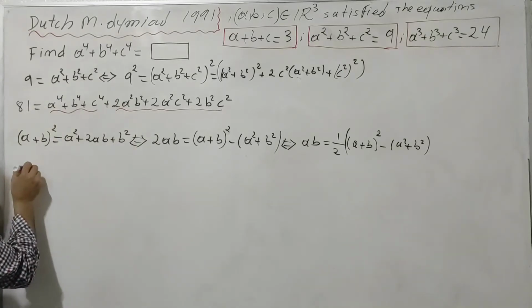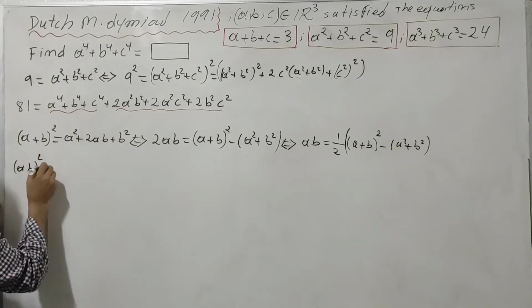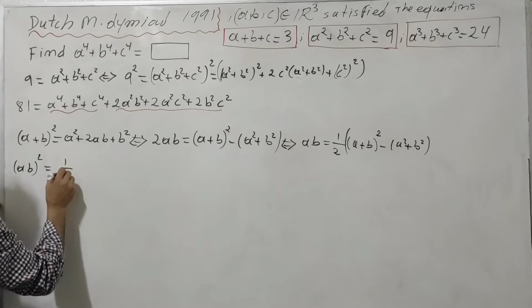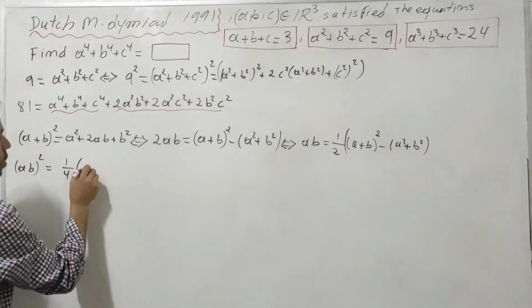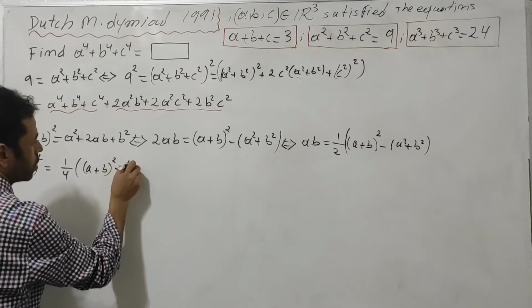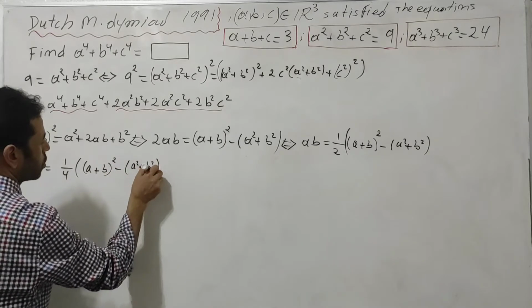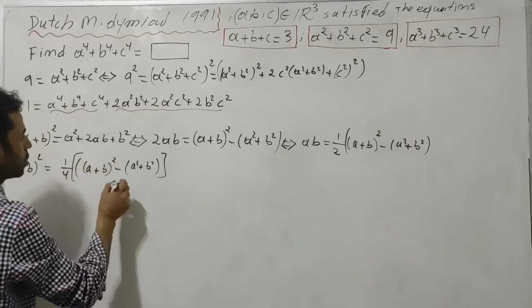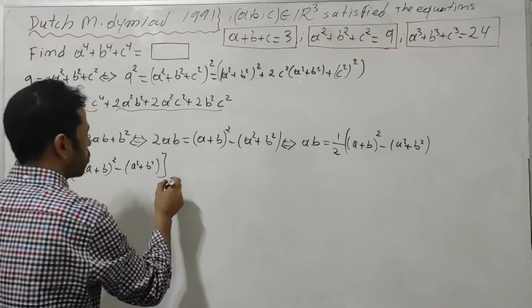I will have (ab) squared equal to 1/4 times ((a plus b) squared minus (a squared plus b squared)), the whole thing squared.